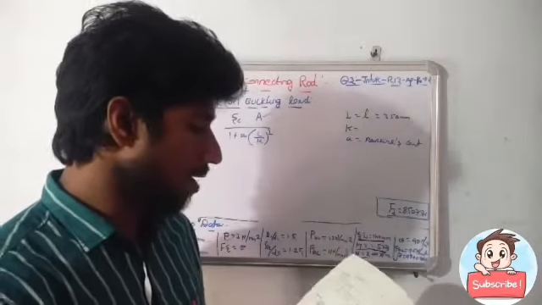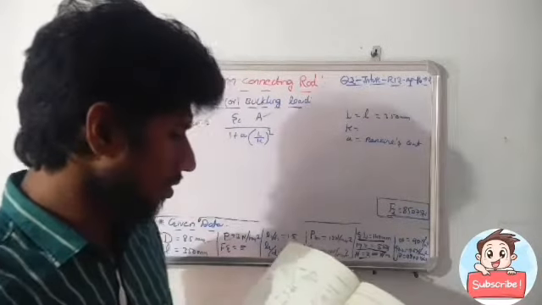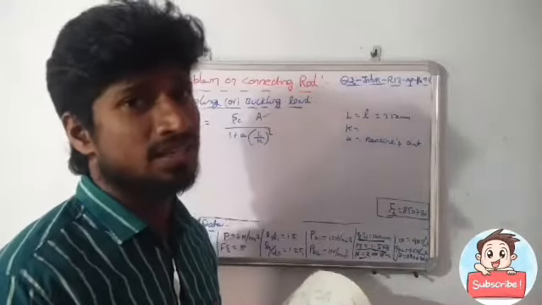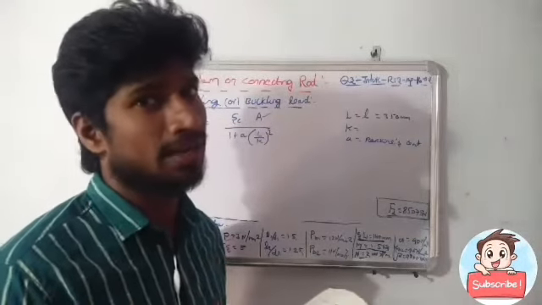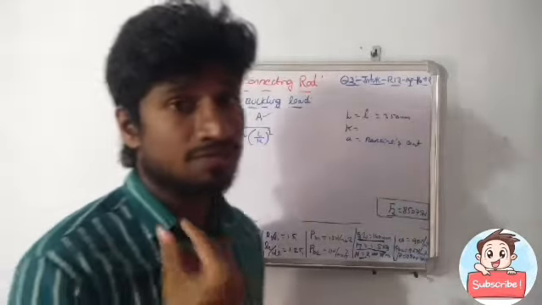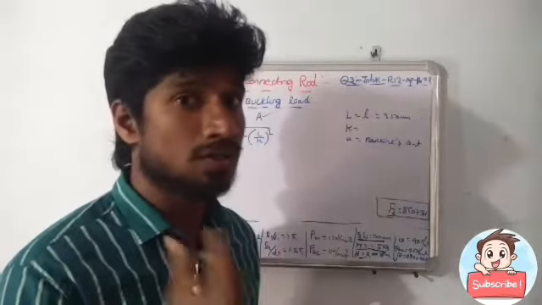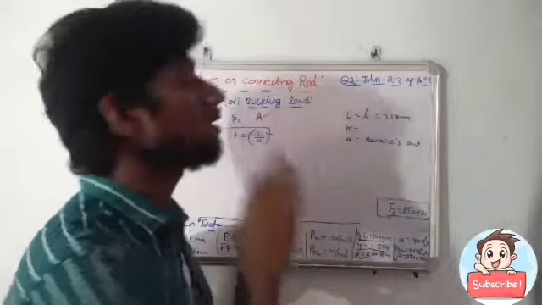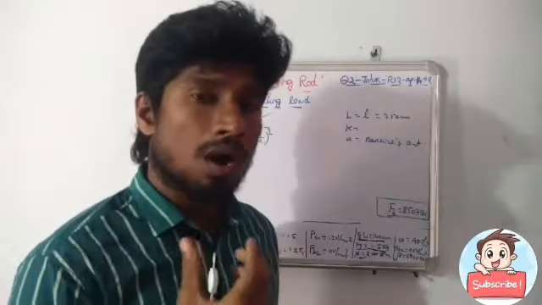So go to the design data book. The compressive load we consider first of all based on the material condition or the Rankine constant. In the given problem, Rankine constant is mentioned, and with the help of that value we consider the compressive load.